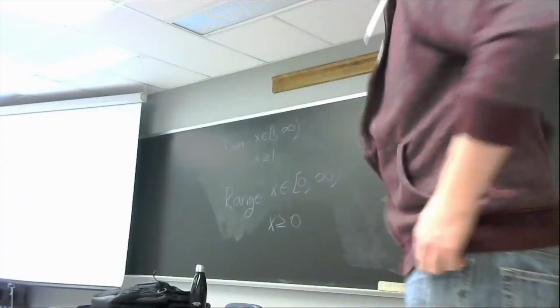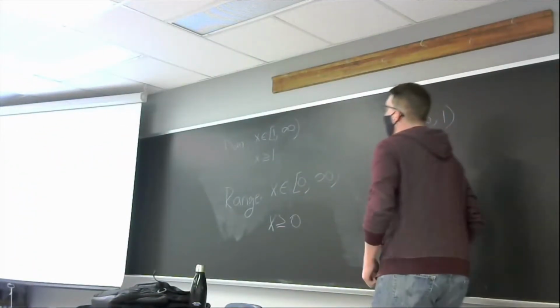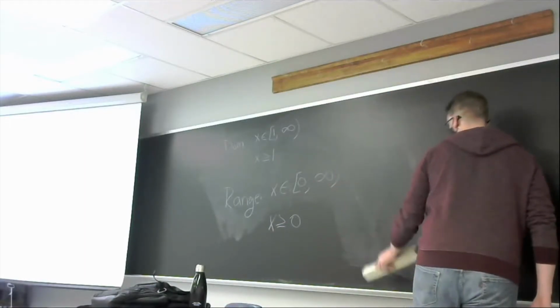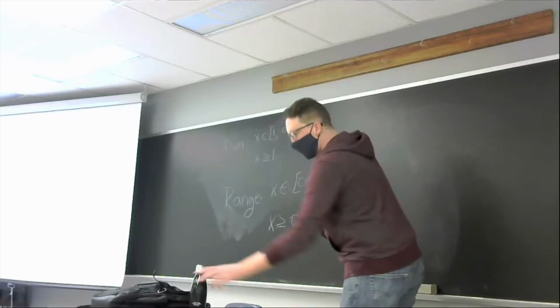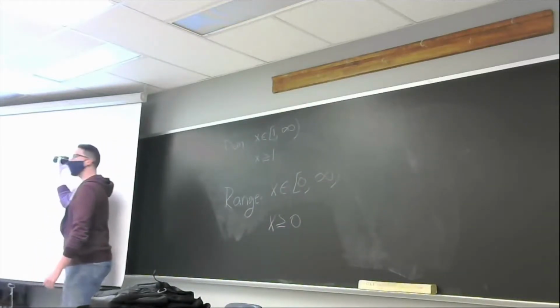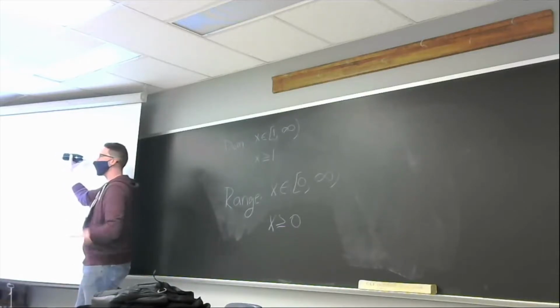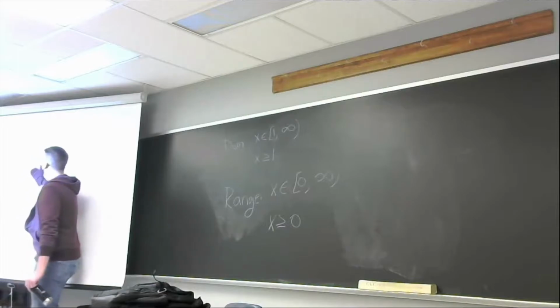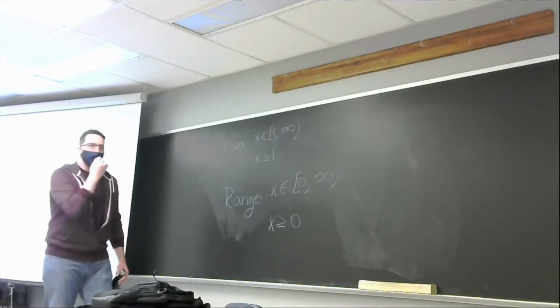All right, so another way of thinking about these questions of domain and range. Let's imagine we've got a flashlight, and we're shining this flashlight perpendicular to the y-axis, right? Where on your y-axis is the shadow of your graph?